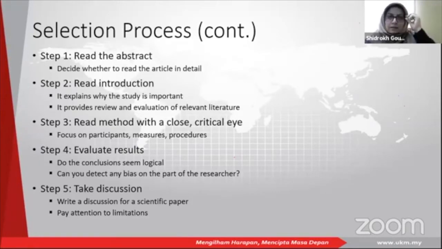Also, the main step after reading each paper is to prepare a discussion. We need to discuss the paper. We should have critical thinking. We should evaluate the paper. This paper may have some disadvantages. We should highlight the advantages and disadvantages of each paper.